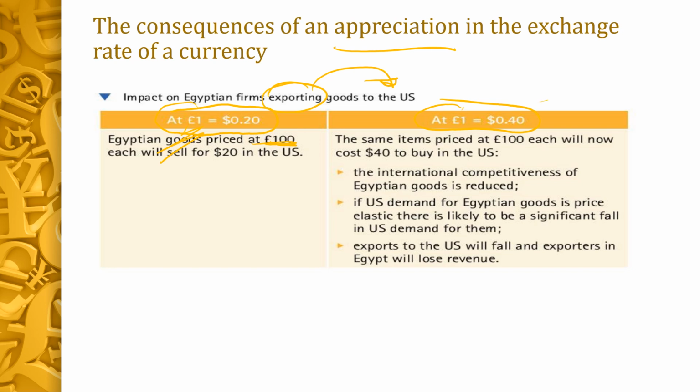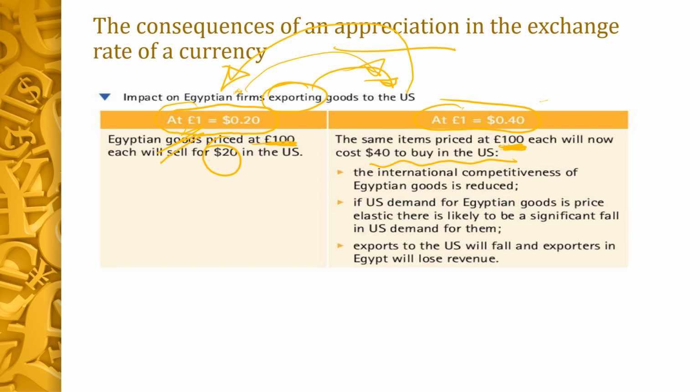Now, in this second scenario, the same items that were priced at 100 Egyptian pounds each will now cost $40 to buy in the US. Remember, the Egyptian firms are the ones exporting to the US, so the US are the ones importing from Egypt. So when the dollar is depreciating, it will make imports more expensive.